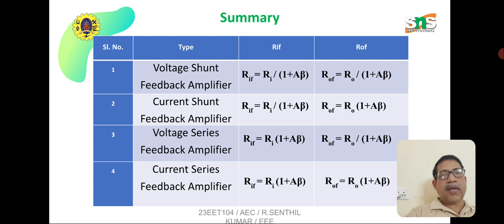Current shunt, meaning I by V, may be transconductance, and V by I is the transresistance amplifier. Therefore, the current amplifier, voltage amplifier, transresistance amplifier, and transconductance amplifier come into picture in these four types.